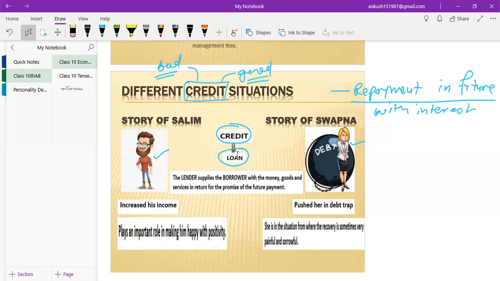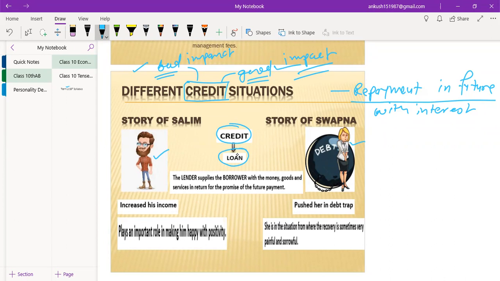But before this, just take the vital and very important feature of credit. As I have already said, it may have a good and a bad impact upon the borrower. What kind of good and positive thing can the credit give to the borrower? You might understand this from the example given in your book.